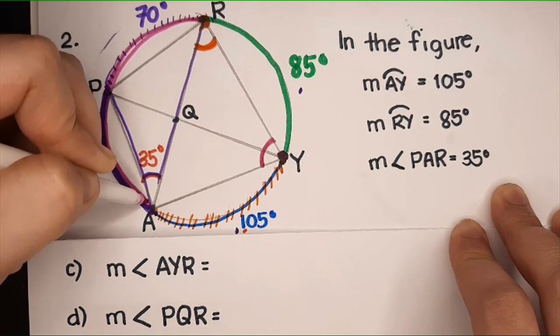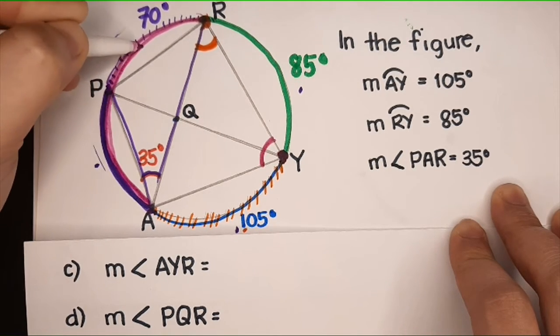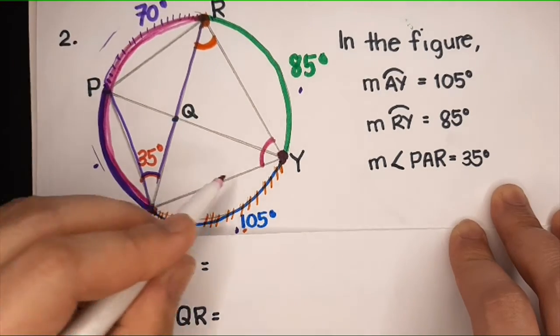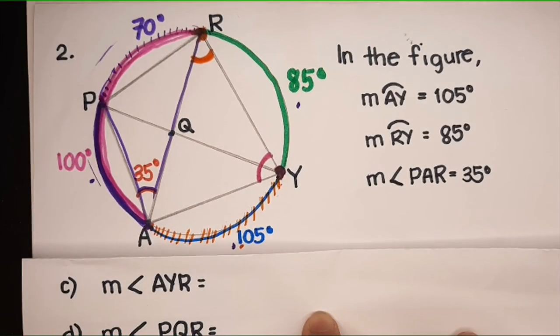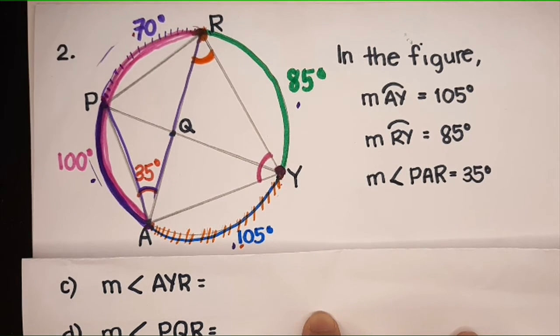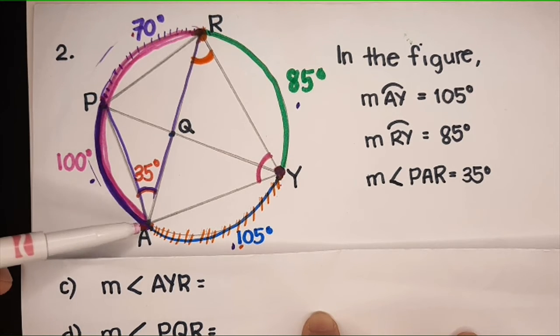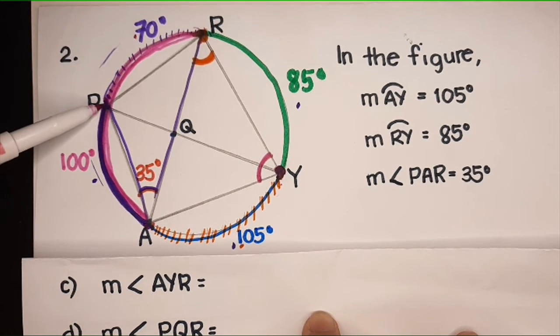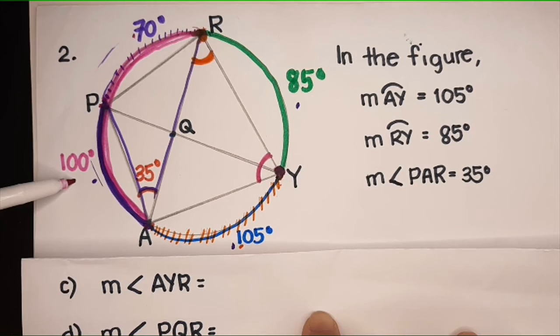Okay? So this is the intercepted arc of angle AYR. And we know that this arc, PR, measures 70 degrees. And from our first example kanina, the measure of arc AP is equal to 100 degrees.